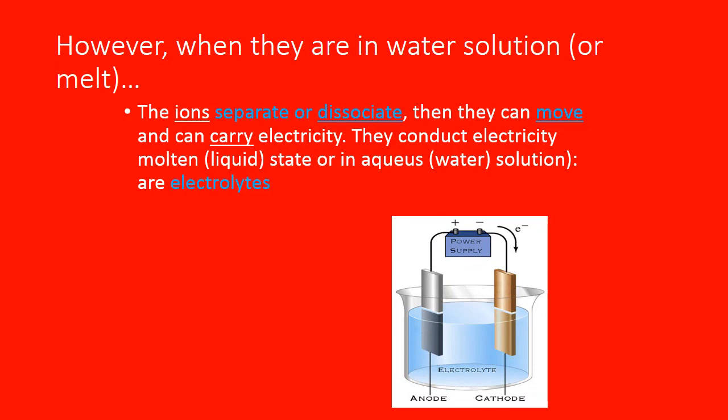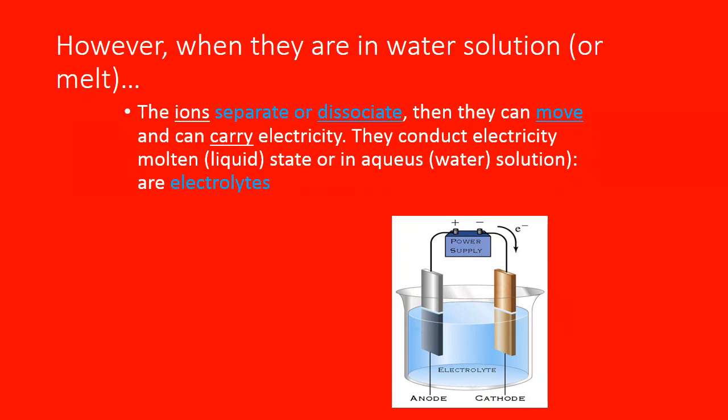That means when they melt or are dissolved in water, the ionic bond breaks down and the ions are free to move. If the ions can move freely, they can carry electric current from one point to another. So they conduct electricity in molten or liquid state or in aqueous solution.